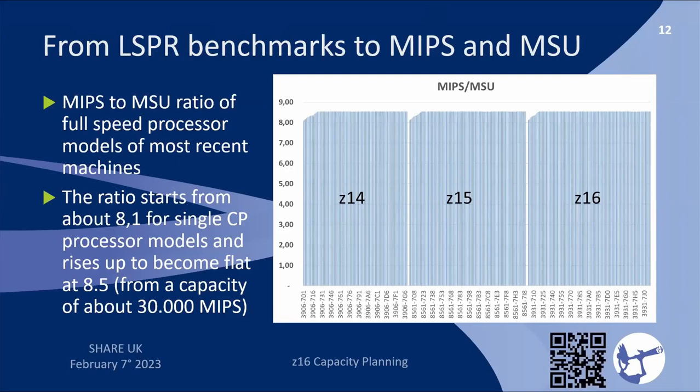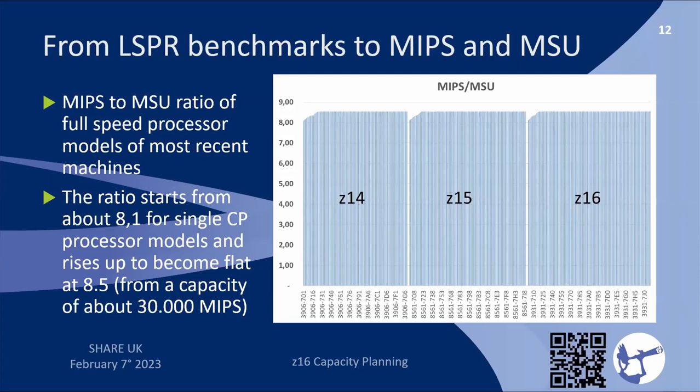Historically, people used MIPS to understand the capacity of their installation. And MIPS has always been an evaluation. So you start with a figure, probably from the LSPR table or from the Gartner tables or whatever figures you have in mind. And starting from that number, you decide how many MIPS you are going to deliver. But this was an estimate. And now this graph tells you that this can be overcome in practical terms.